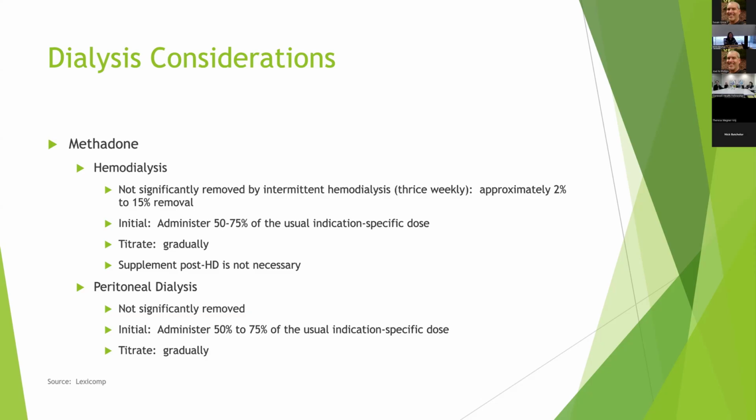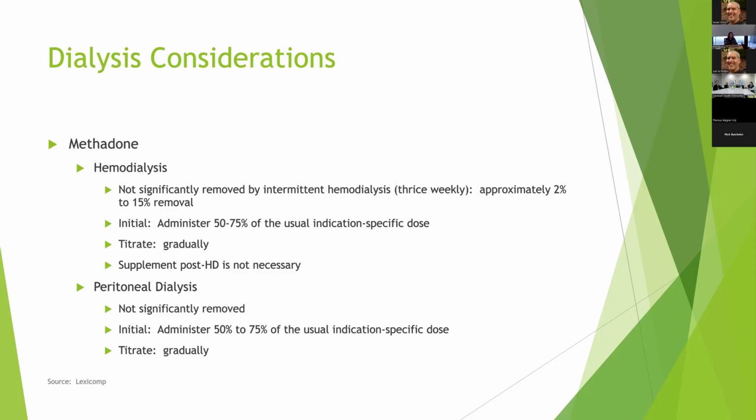So the other reason I love methadone in this population and in general is that it's not significantly removed by hemodialysis, approximately 2 to 15% removal, and the pharmacologic world said that's really not significant.